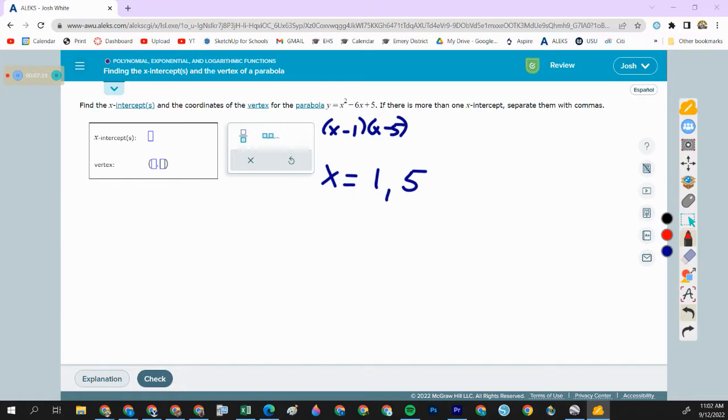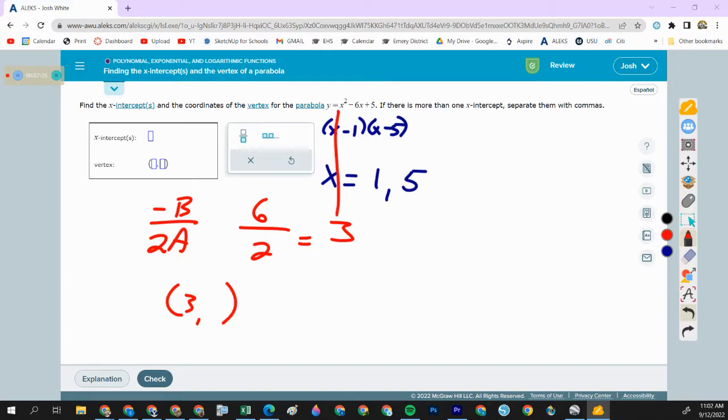And for the vertex, we do -b over 2a. So 6 over 2 is 3. That is the x portion. Plug that in, and I get 9 minus 18 plus 5. That's 9 minus 18 is -9 plus 5 is -4.